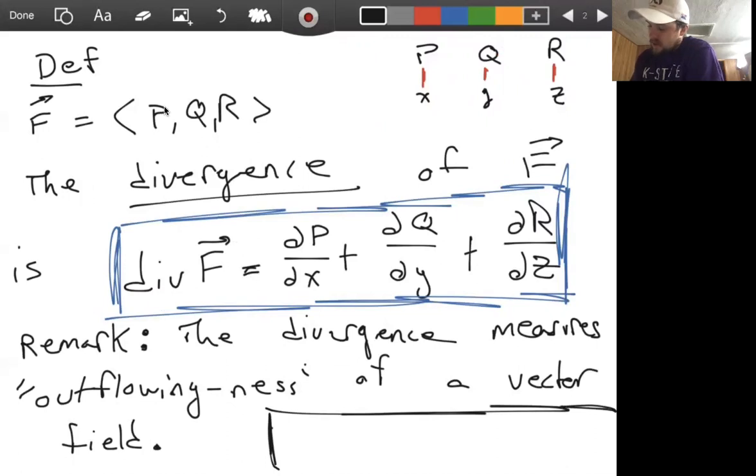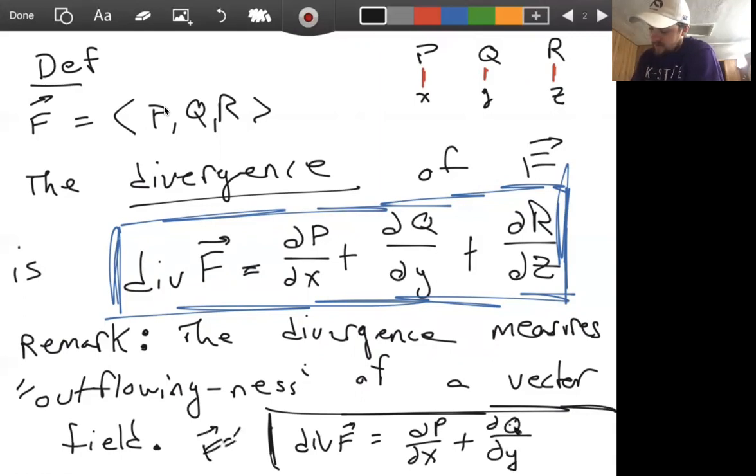The 2-dimensional analog would be the divergence of f equals dP/dx plus dQ/dy, because now you just have a 2-dimensional vector field f equals PQ, and your gradient operator is only on the variables x and y because we have no z variable.